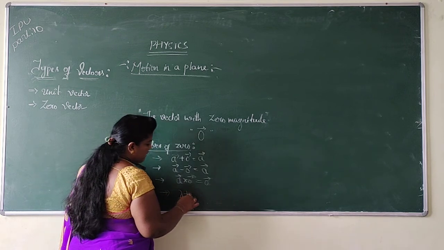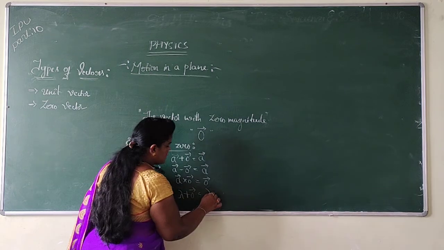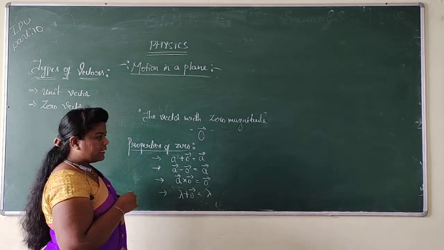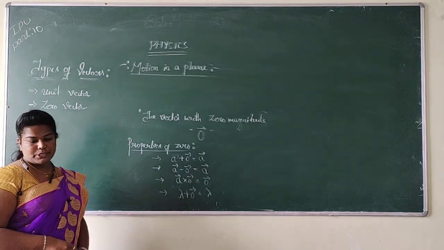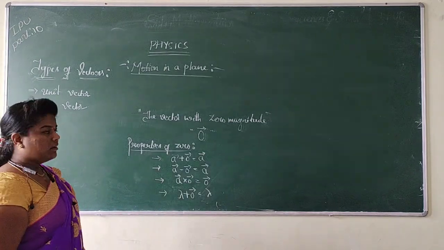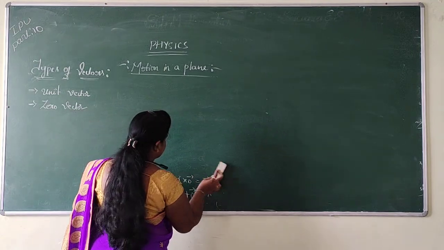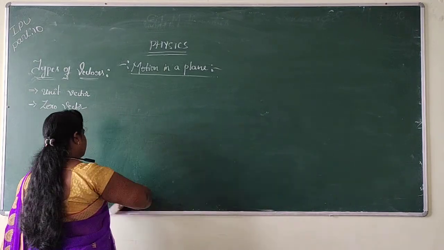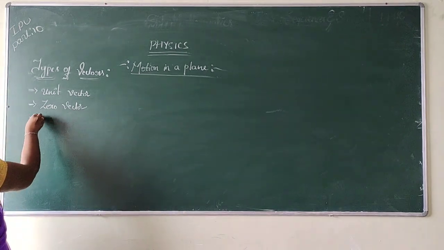Because if I add a scalar quantity with zero vector, I will get again the same scalar quantity. These are the properties of zero vector, dear students. Hope you all have written. So now let us move with the next vector, that is parallel vectors, anti-parallel vectors.